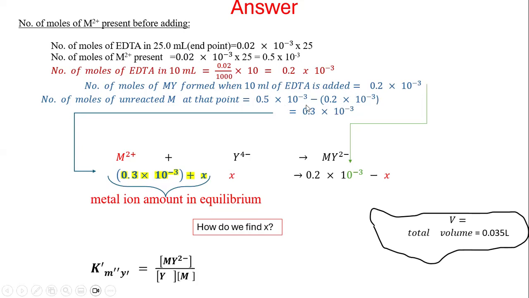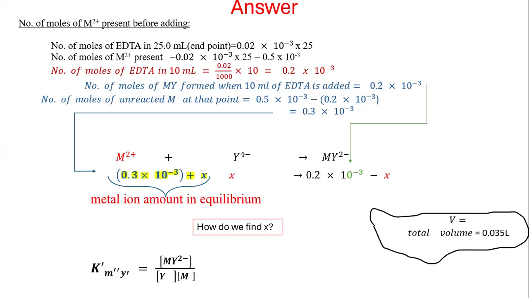The difference is 0.3 into 10 to the power minus 3. And to the remaining, the X amount that is going through the backward reaction is added. So after adding 10 ml, this is the situation of the number of moles that you are having.